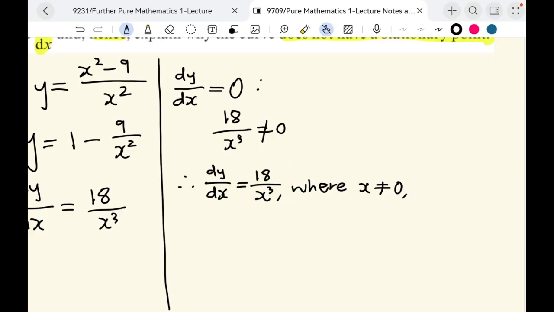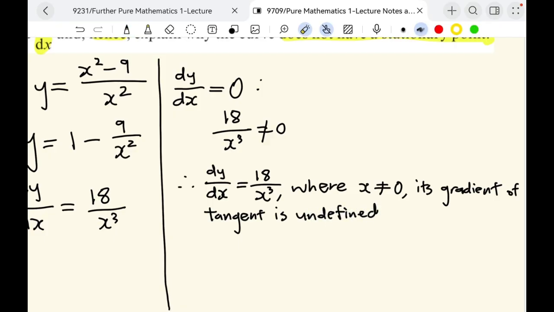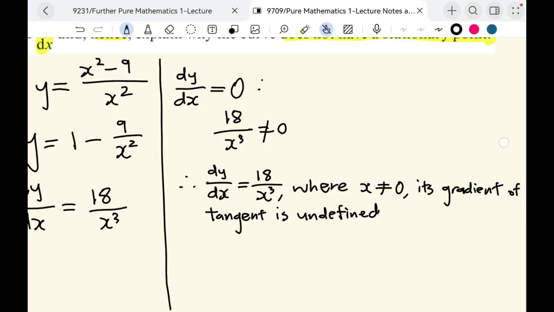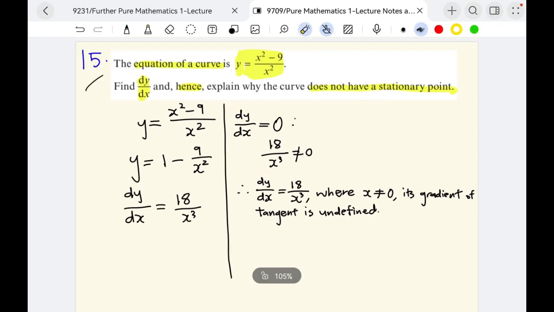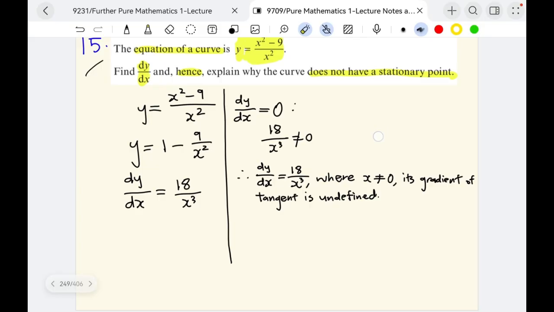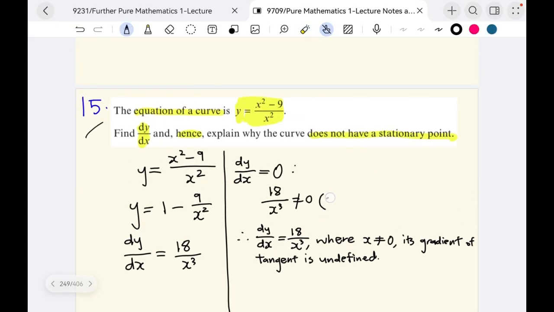You can say its gradient of tangent is undefined. And it is not possible for the gradient function to be equal to 0. This is the best explanation. That is enough for you to obtain the marks for explanations. Impossible.